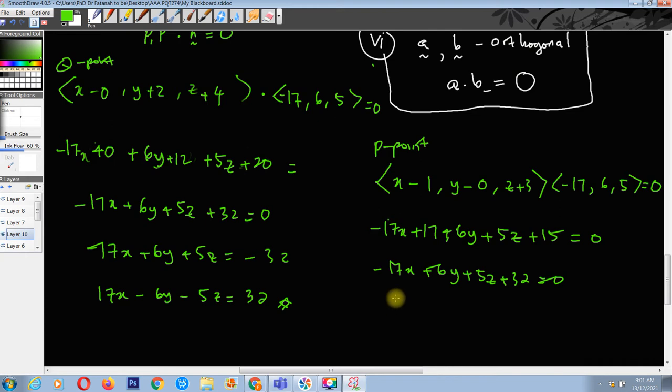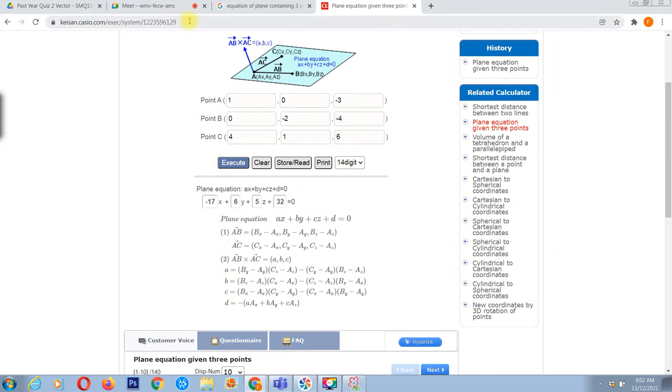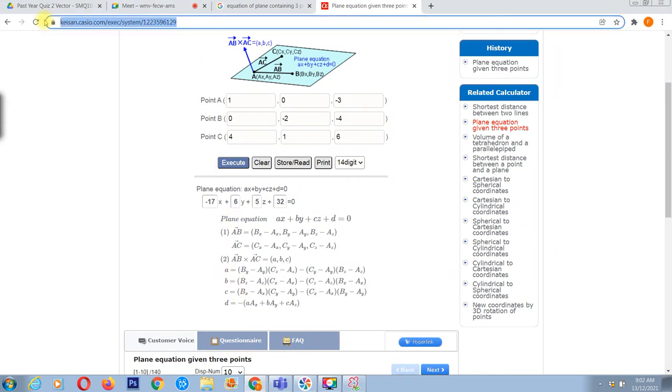It is similar to 70x minus 6y minus 5z equals to 32. You can put any point actually. That's why I was very confused, because we left a negative here. That's all.